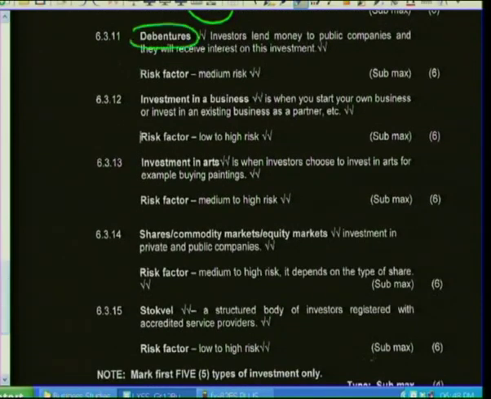Debentures. We did this in detail when we spoke about investments. Debentures, quickly think, what was the difference between a debenture and a share? Both are traded on the JSE, both are sold by a public company, but remember with your debenture, your interest income is guaranteed.